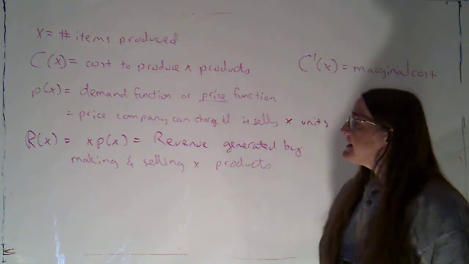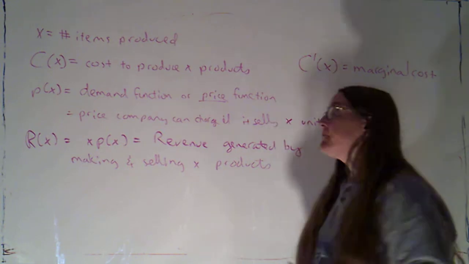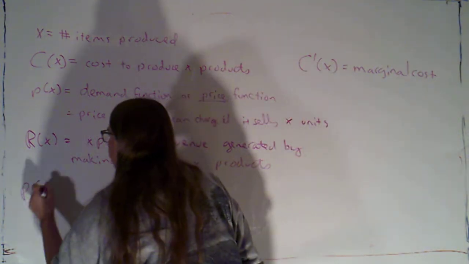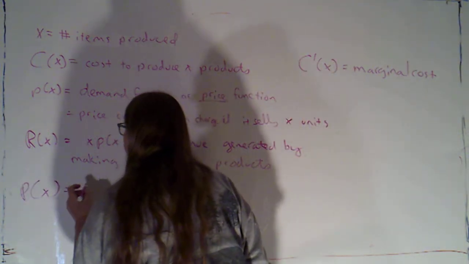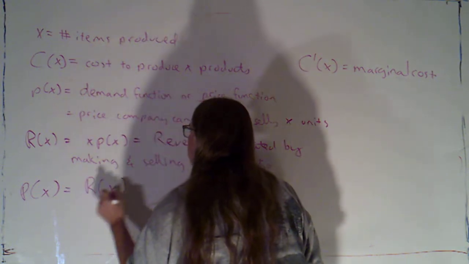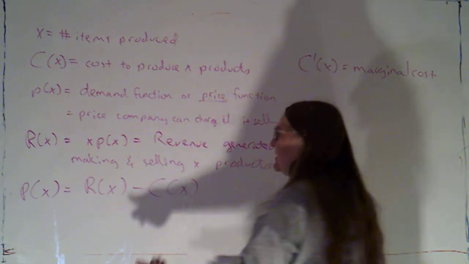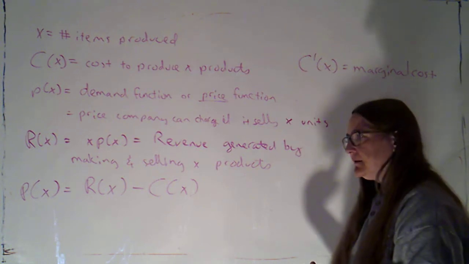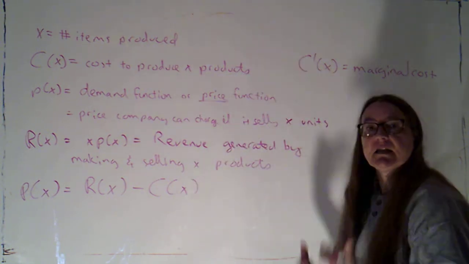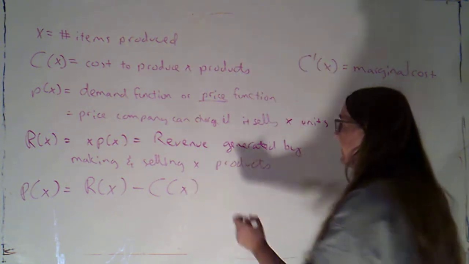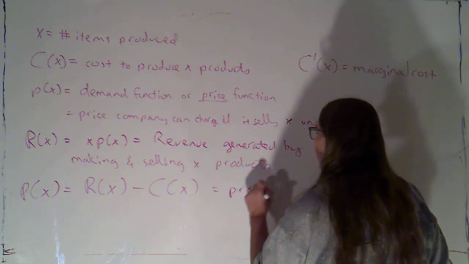That is different from the profit, because P of X, which would be my profit, is going to be the revenue minus the cost. So it's the money coming in minus the money that I had to expend in order to manufacture things. And so this is our profit.